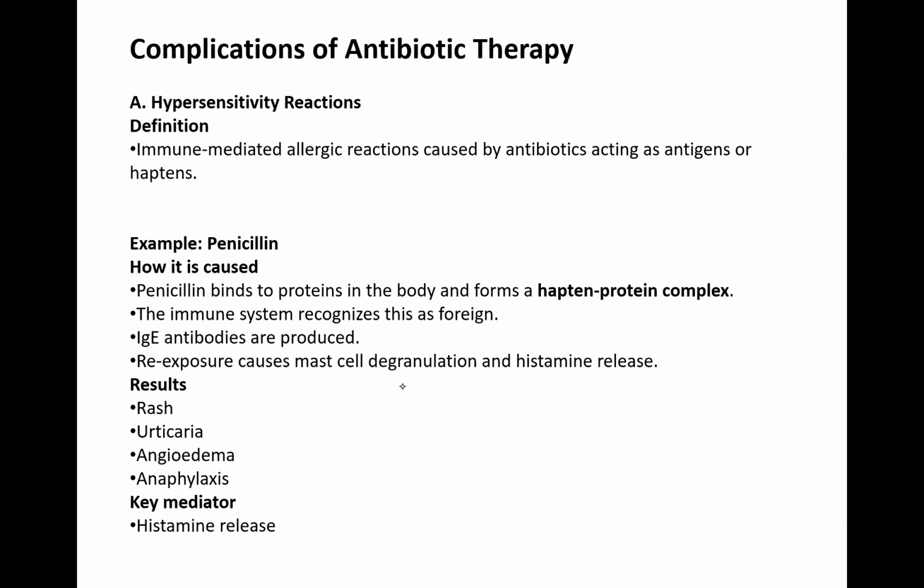Hypersensitivity reactions are one of the complications of antibiotic therapy, because there can be some allergic reactions which are immune mediated, because the antibiotics are acting on antigens or haptens. Usually, for example, penicillin can cause hypersensitivity reactions.